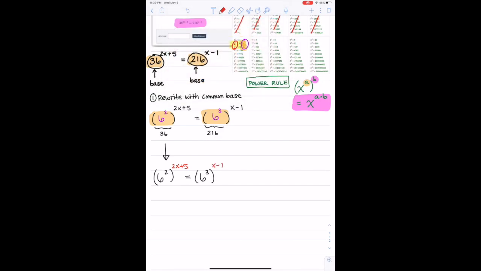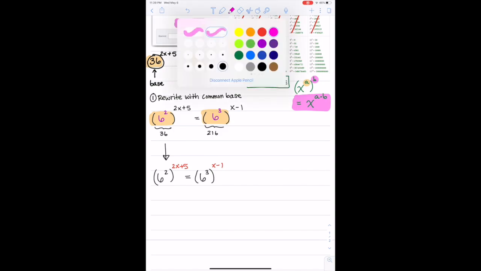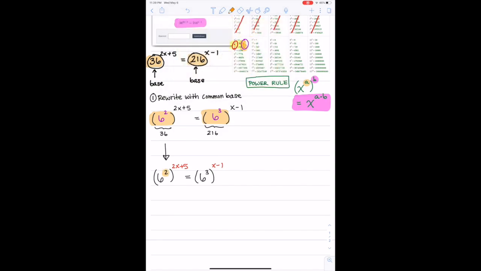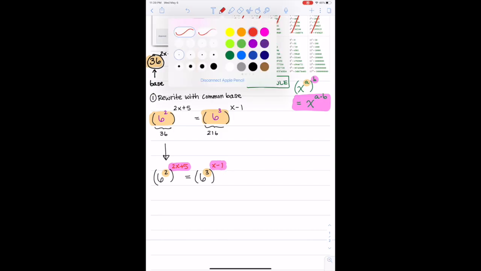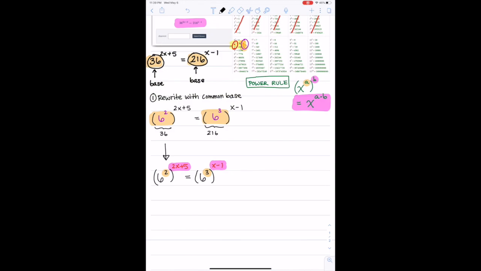And so hopefully you're seeing that this is exactly what the power rule says we can do, is take one power and take it to another power. So a simpler way of saying this would be 6 to the 2 times 2x plus 5.